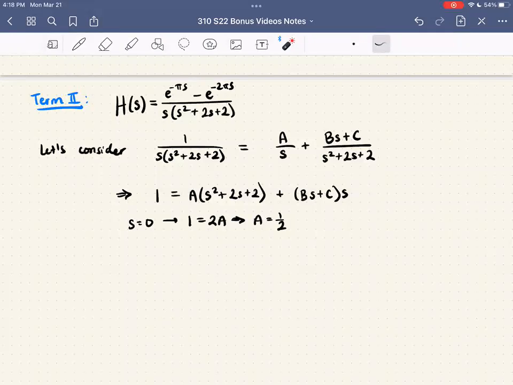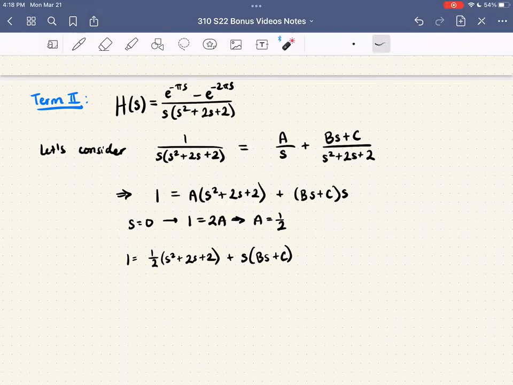So we know that A is 1/2. So I can say 1 is equal to, replacing A there, 1/2 times s squared plus 2s plus 2. And I don't necessarily know what Bs plus C is yet, or what B or C are. But let's just do this the quote unquote longer way. You'll see that it's actually not that long.